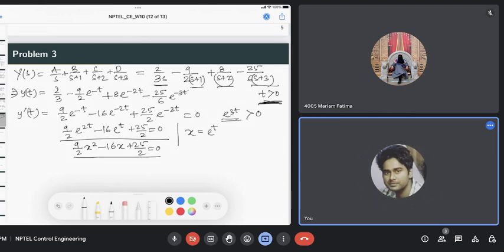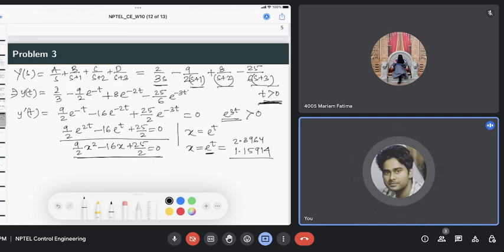Okay, so x, which is equal to e to the power t, will then be what? We just solve this using a calculator. So these values are 2.3964 and 1.15914. Okay, so these are the solutions of this quadratic equation, which is also equal to e to the power t.